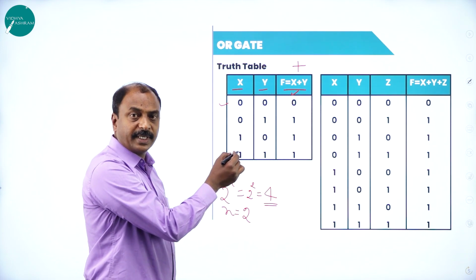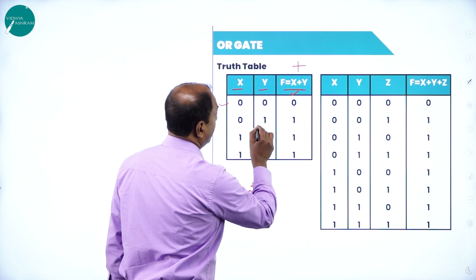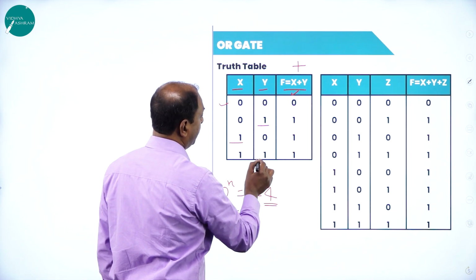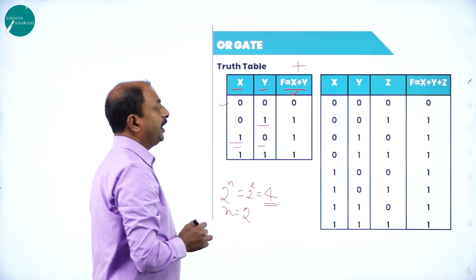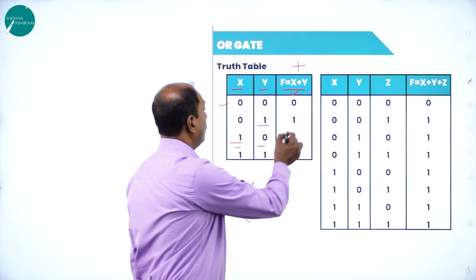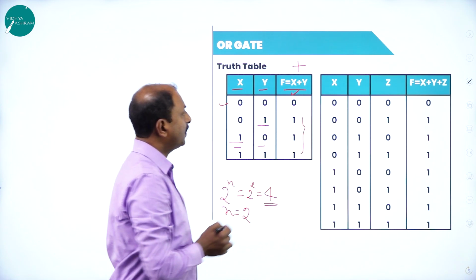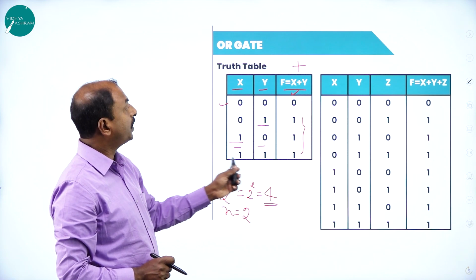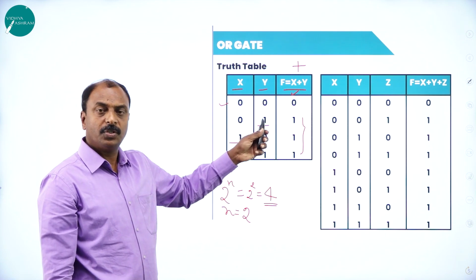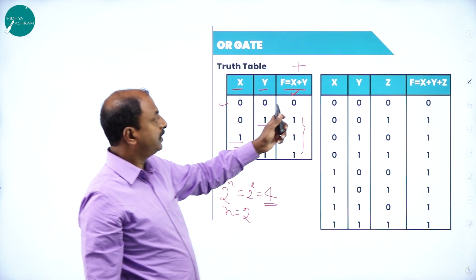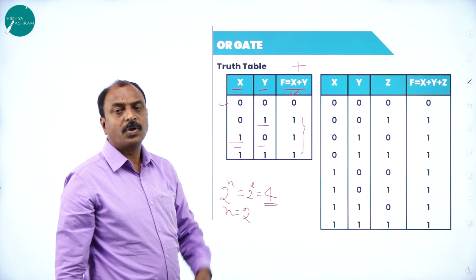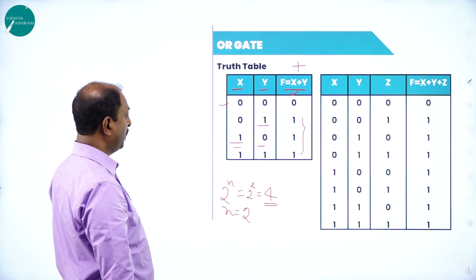In the second combination, there is one input that is 1, and in the last, both of them are 1. In those cases, the output is always 1. That is the definition of the OR gate. So this is a truth table for a two input OR gate, and similarly this is a truth table for a 3 input combination.